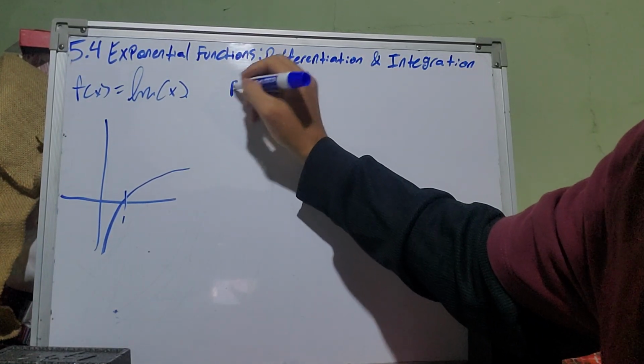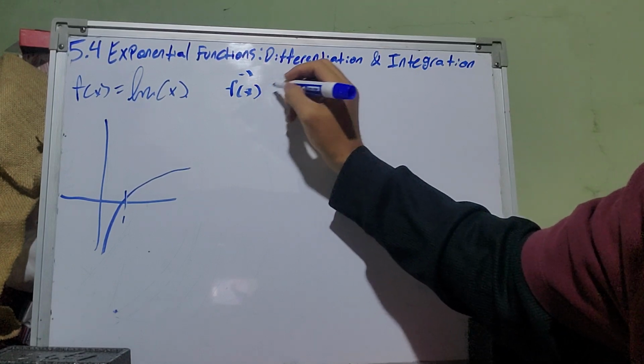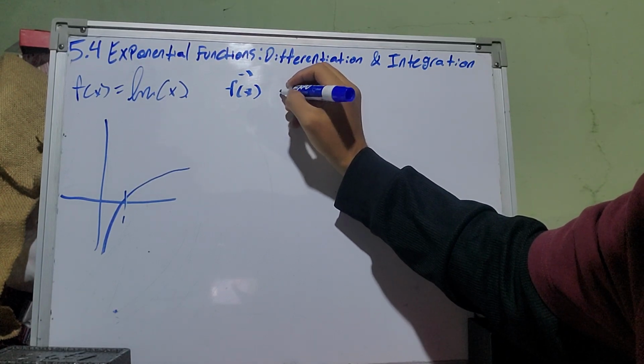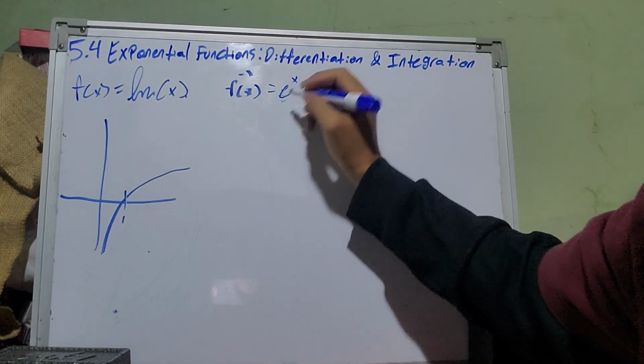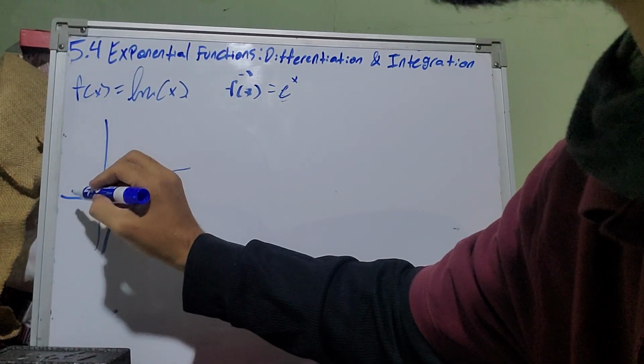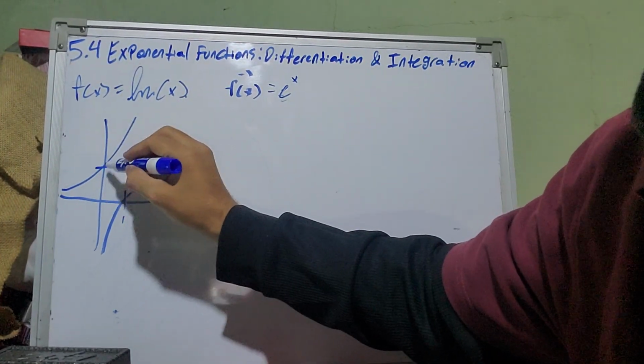Therefore, the inverse function is set equal to e to the x, which is represented as consistently moving positive as well.